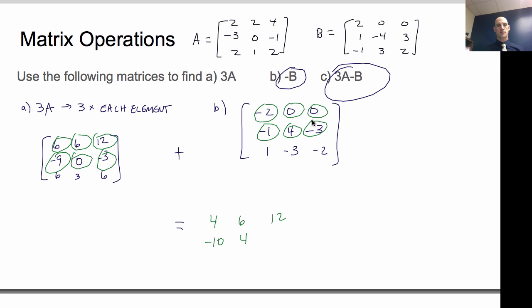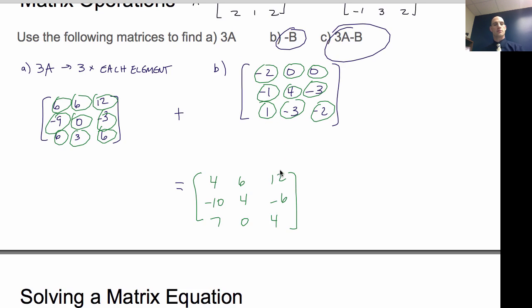Negative 3 plus negative 3 would be negative 6. 6 plus 1 would be 7. 3 plus negative 3 is 0. 6 plus negative 2 is 4. That is the way that you add matrices. Same order, boom, add the elements in the same corresponding spot. That's all there is to that part.